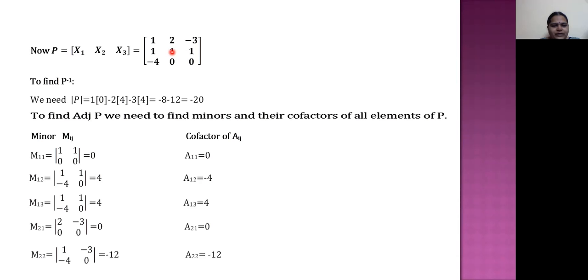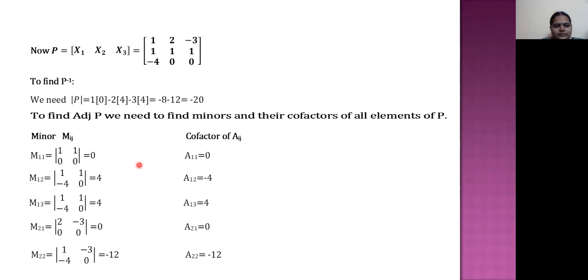And how we write the cofactors of these elements is: the first element we take the plus sign only, so whatever we have we write as it is. To the second element we take minus, then we alternate plus and minus. Actually the formula is minus 1 to the power i plus j into Mij, that is the cofactor Aij.